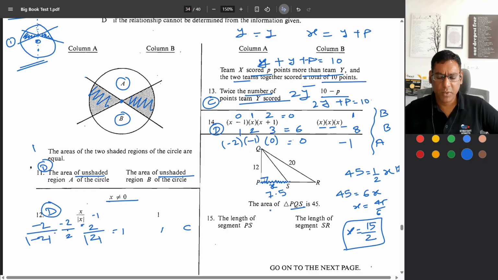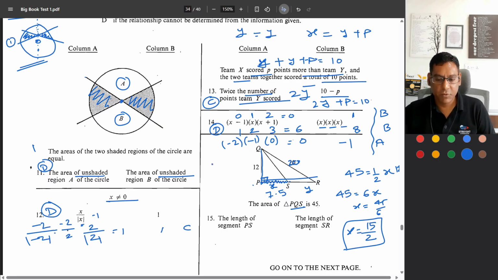Now this is 20, and this bigger triangle is also a Pythagorean triangle, right? So we can do Pythagoras. Let's say this whole thing, PR, is Y. Hypotenuse square minus 12 square is y square. 12 square plus y square is hypotenuse square.